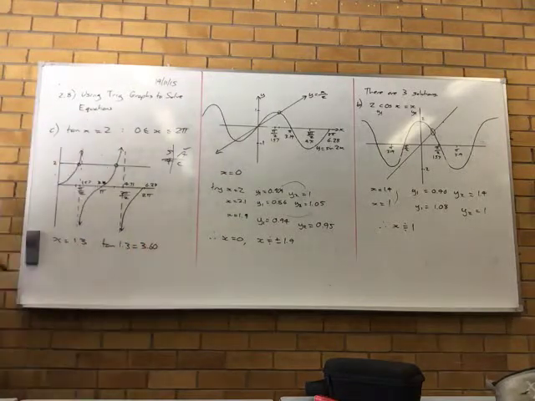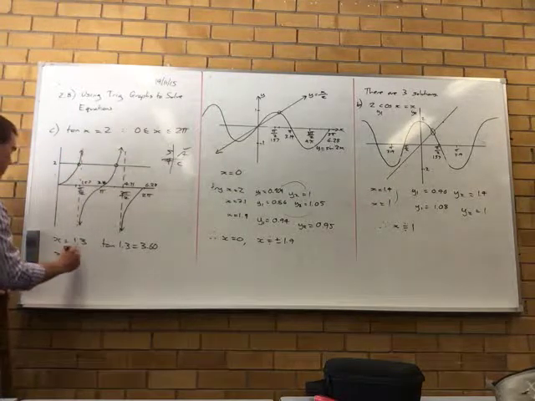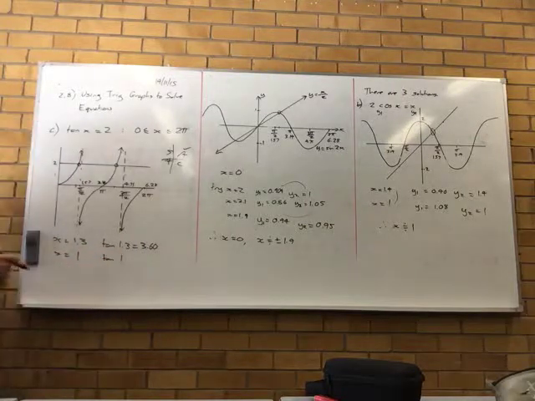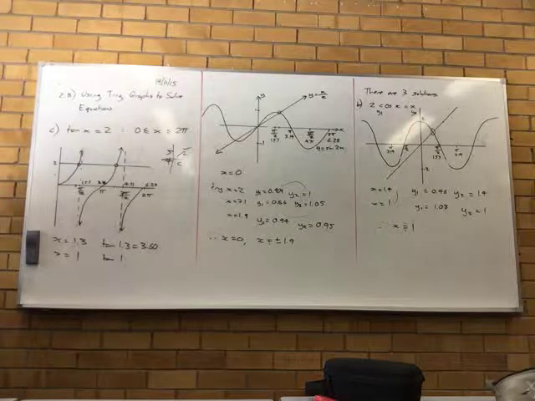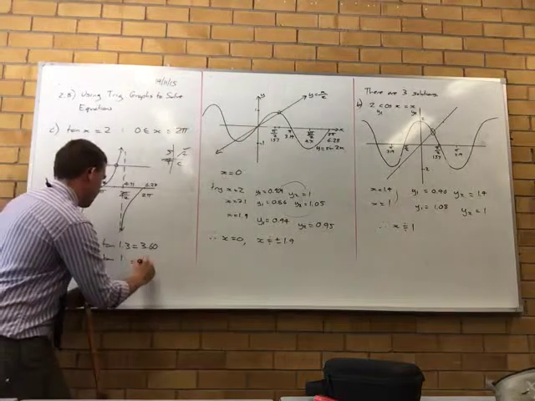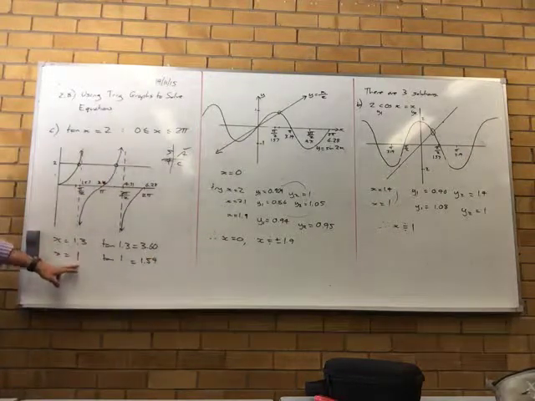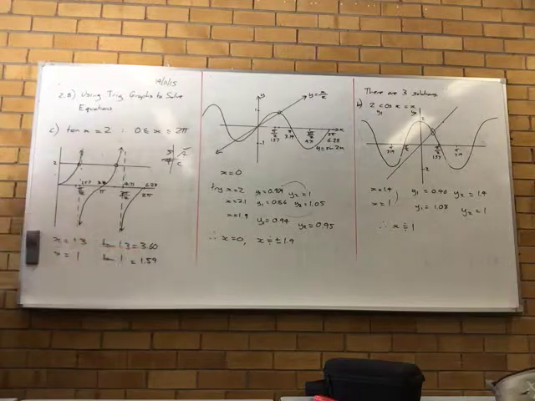Okay, so that's well and truly out, because we need it to equal 2, because y equals 2. So let's try x equals 1. Tan of 1 radian is 1.55. So we can probably consider our solution somewhere between these two, because we're on either side of 2.